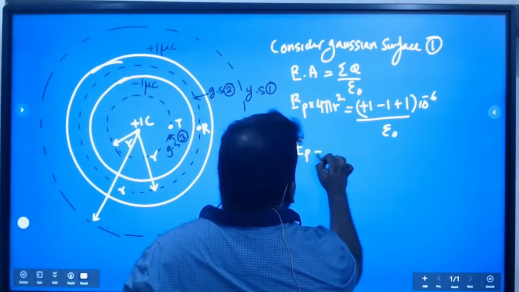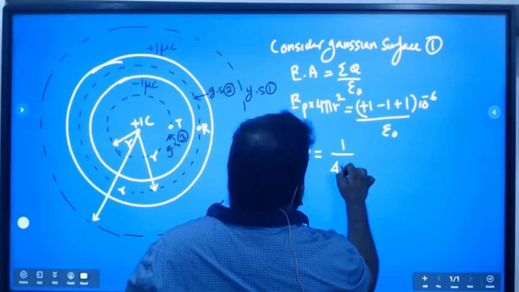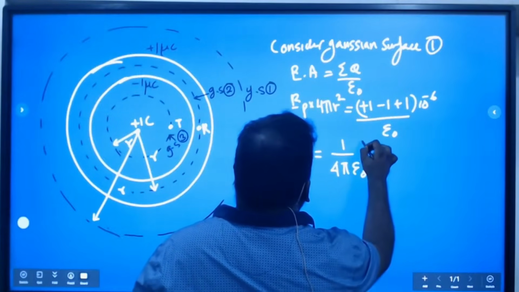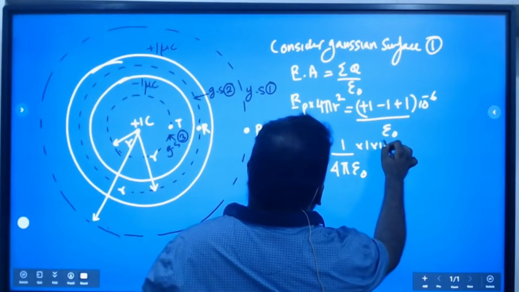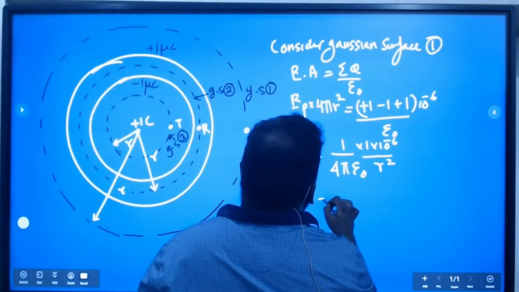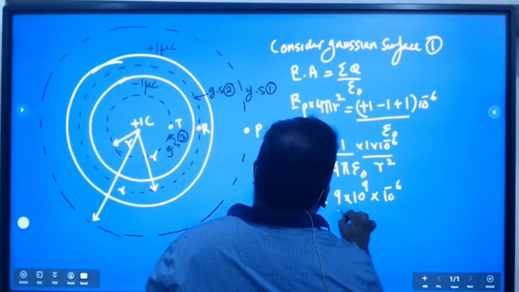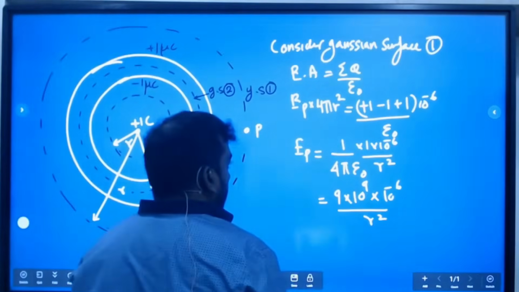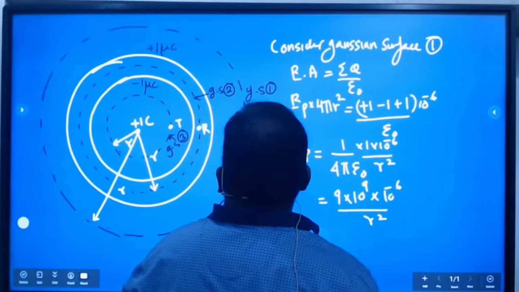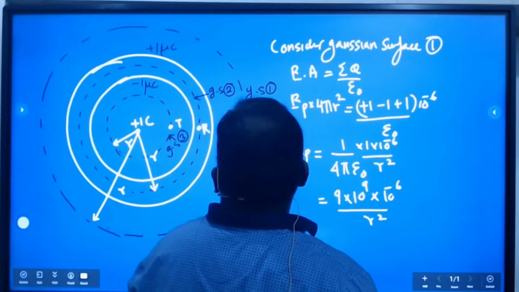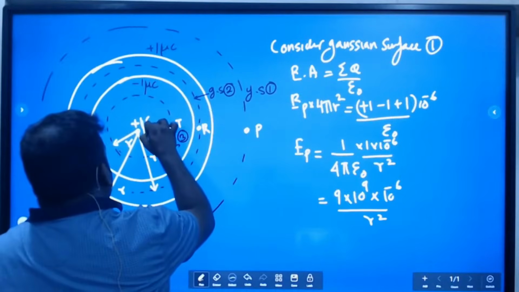Electric field strength at P is 1 over 4 pi epsilon naught times 1 microcoulomb divided by r squared. That is 9 times 10 to the power 9 times 10 to the power minus 6 over r squared.